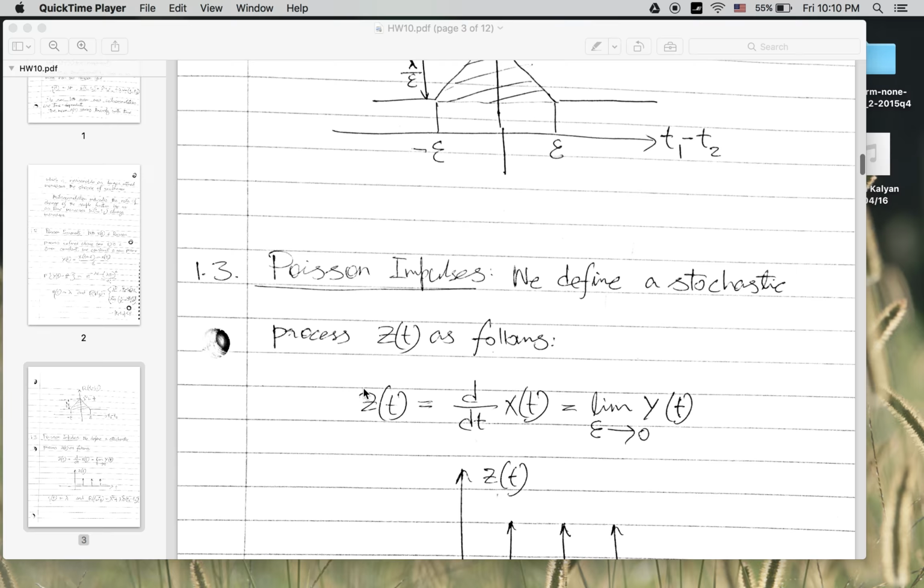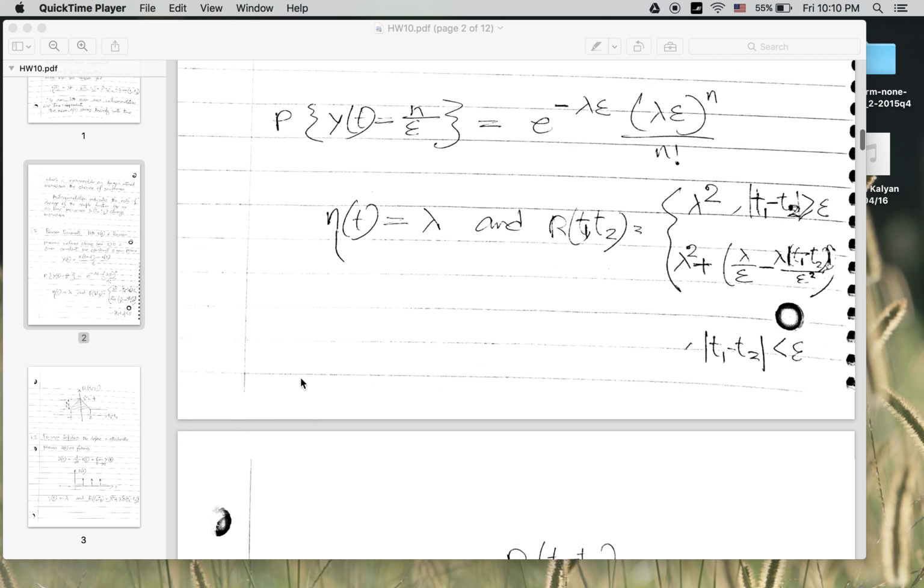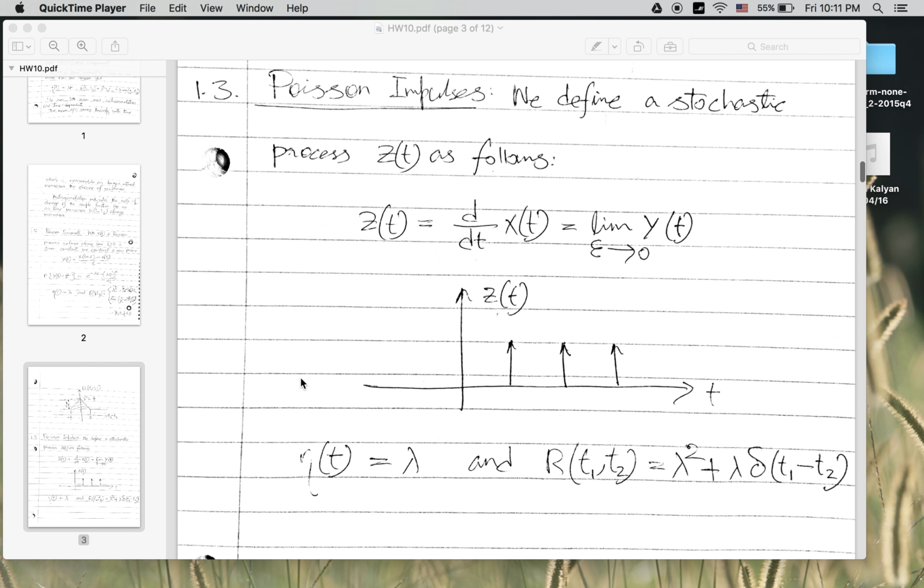As in the case of Poisson increments, where the mean was the constant lambda, the same is true for Poisson impulses. The mean is constant lambda because all the points have the same value, and the autocorrelation is lambda squared plus lambda times delta of t1 minus t2, where delta is the impulse function.